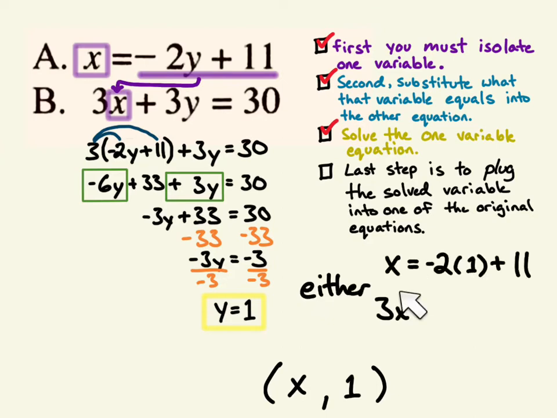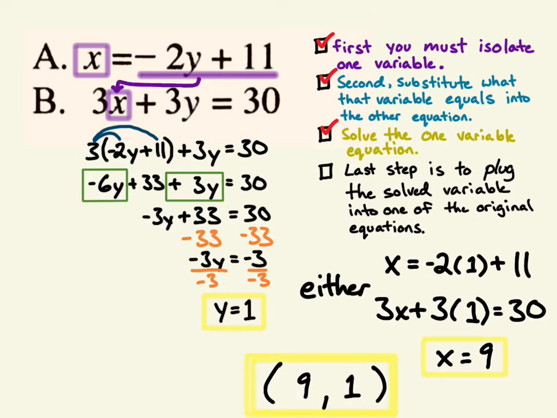Either x equals negative 2 times 1 plus 11, or 3 times x plus 3 times 1 equals 30. So in both cases, I'm going to end up with x equals 9. And that becomes my solution, 9 comma 1.